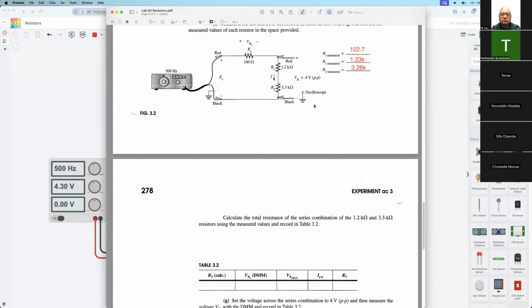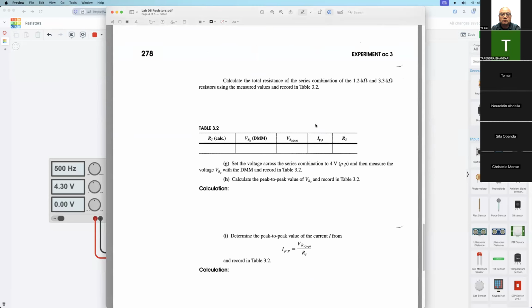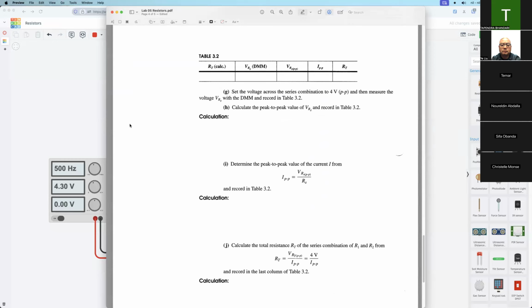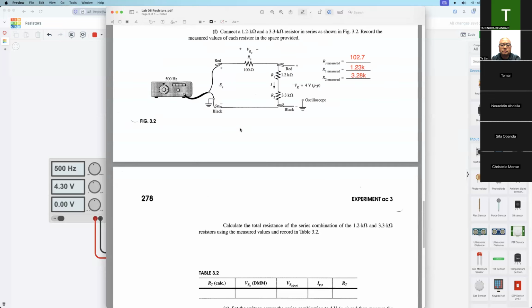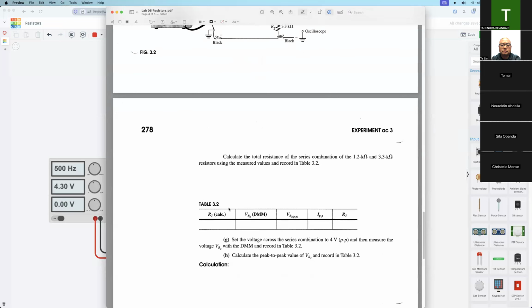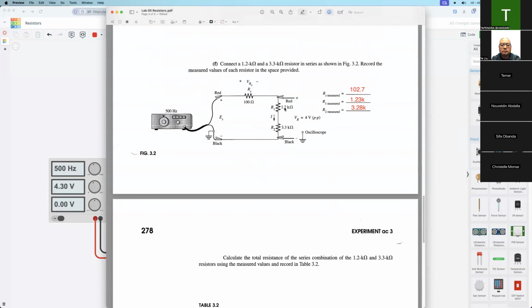So this is the lab in Tinkercad. Table 3.2, there is RT down here. We're just going to add these, using the right numbers.